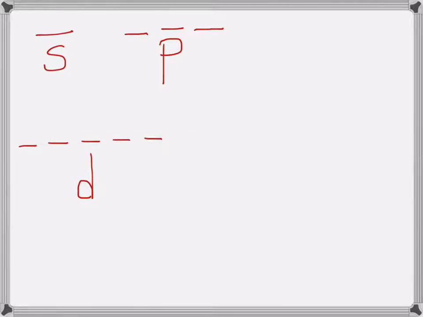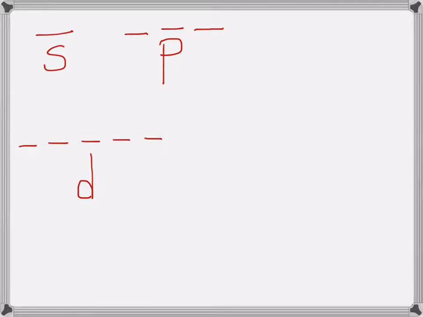First of all, anytime I see an S on my Aufbau chart, I need to draw one line over the S. If I come upon a P orbital sublevel, I'm going to put 3 lines above P. If I have a D sublevel, it has 5 orbitals, so I'm going to draw 5 lines above it.